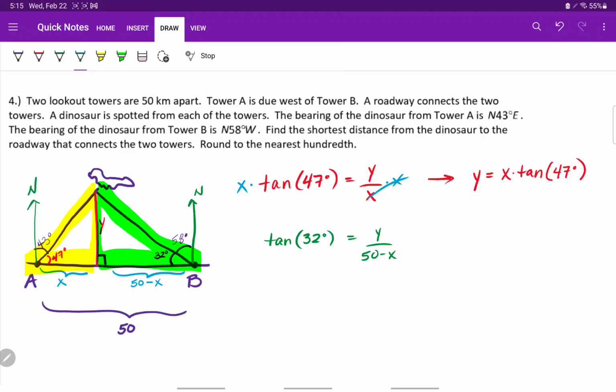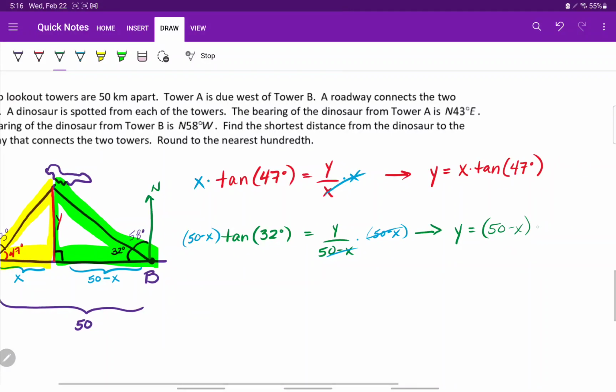And I'm going to solve this for y. We'll multiply both sides by 50 minus x. And that gives us y to be equal to 50 minus x times tangent of 32.